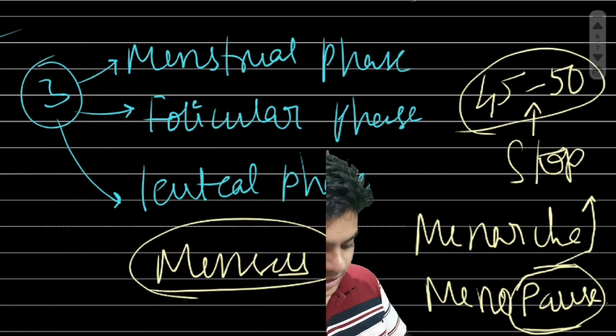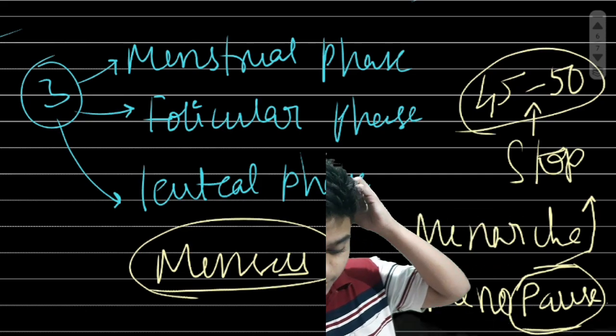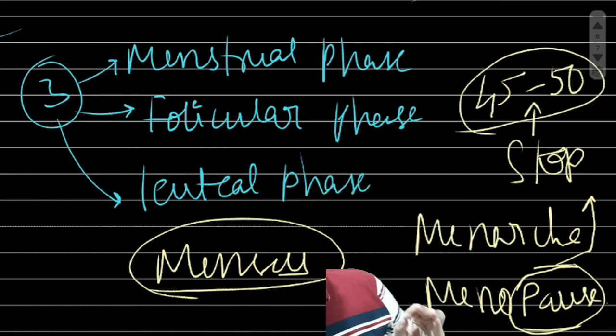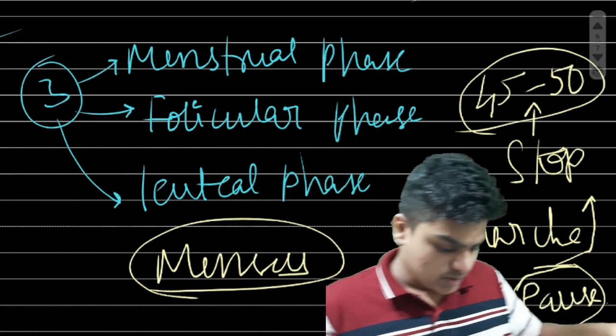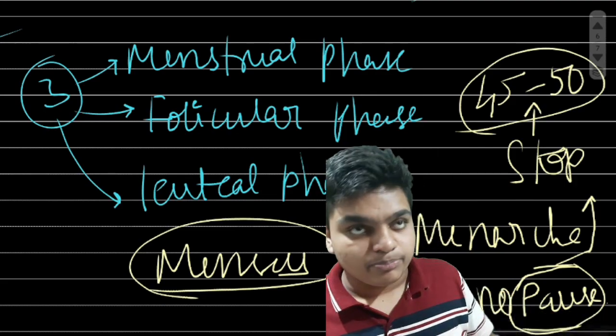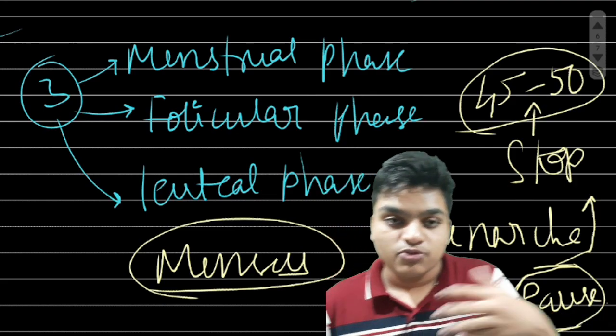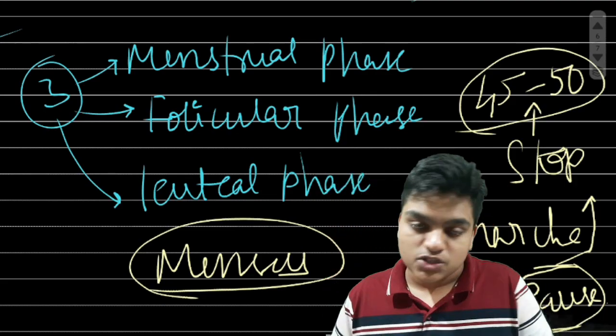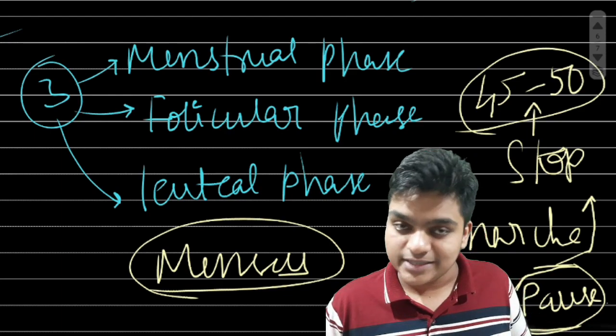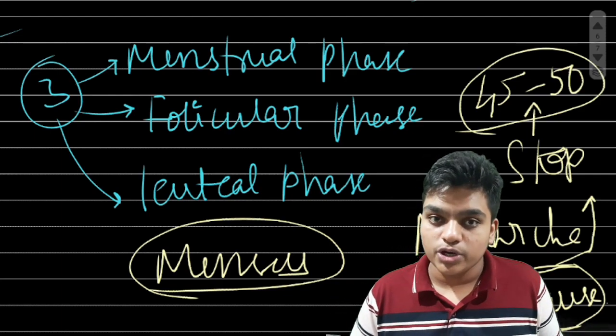45 to 50 years. In the previous video, I have already told you that the oogonia are just added before birth only. After birth, there is no oogonia added.